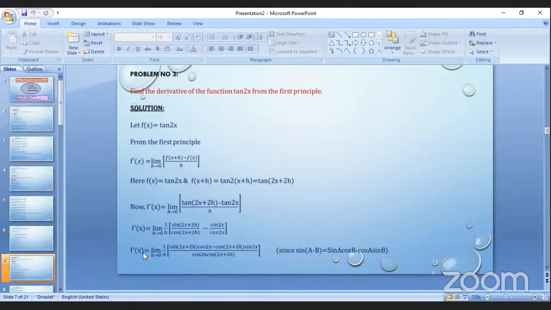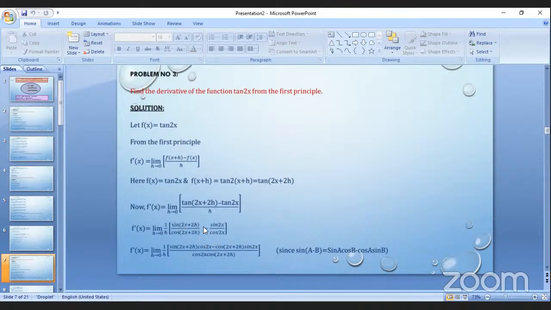f'(x) equals limit h tends to 0, 1 by h into, we take the LCM here: cos 2x into cos(2x plus 2h). The numerator is sin(2x plus 2h) cos 2x minus cos(2x plus 2h) sin 2x.